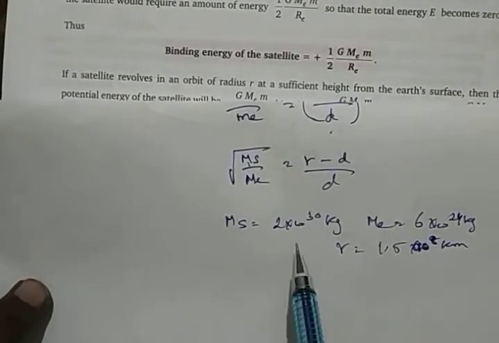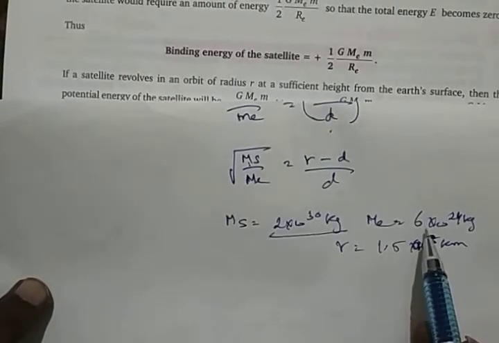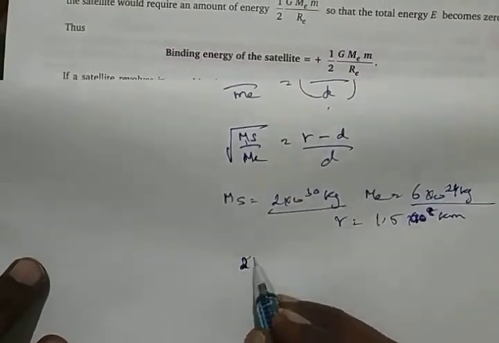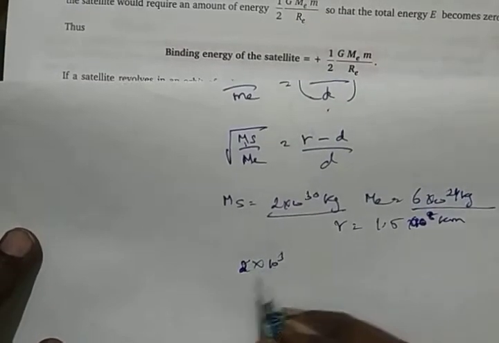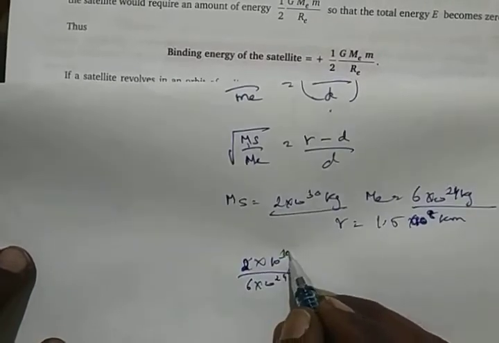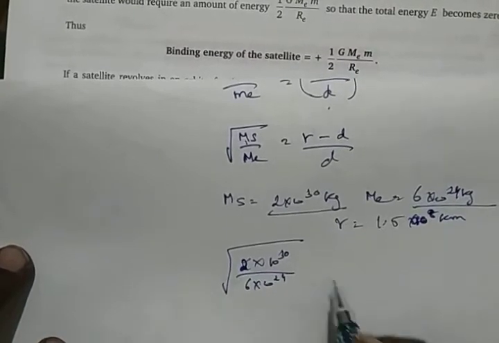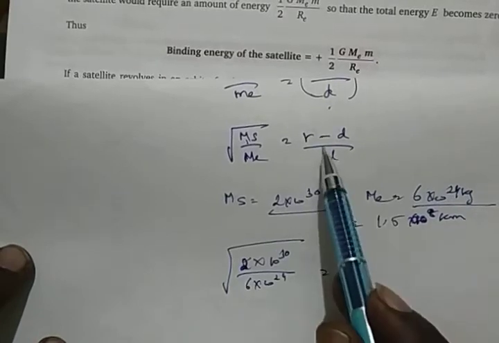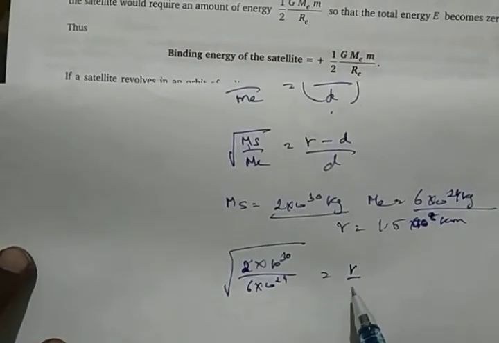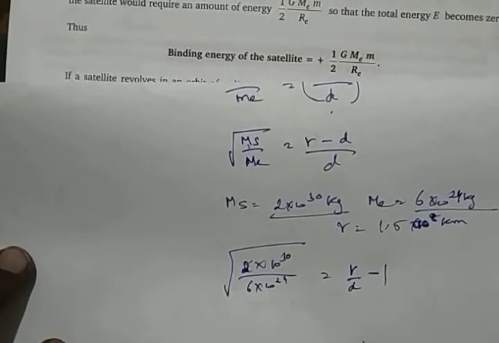Now, you can substitute the mass of the Earth and Sun here. So it is 2 into 10 to the power of 30 divided by 6 into 10 to the power of 24, is going to be equal to, you can make this one also as R upon D minus 1.